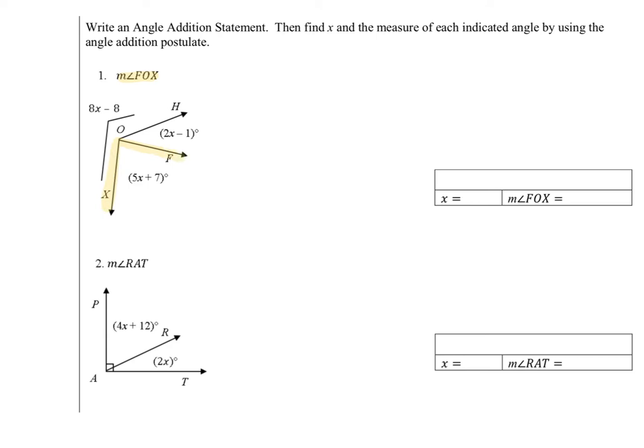So I'm going to highlight some of the other angles just so we can make our angle addition statement a little bit more clear. So this angle right here, HOF, I'm going to go ahead and highlight that one in green. And then you'll notice that there's this weird looking thing out here. This is talking about the measurement of angle HOX, so the very outside.